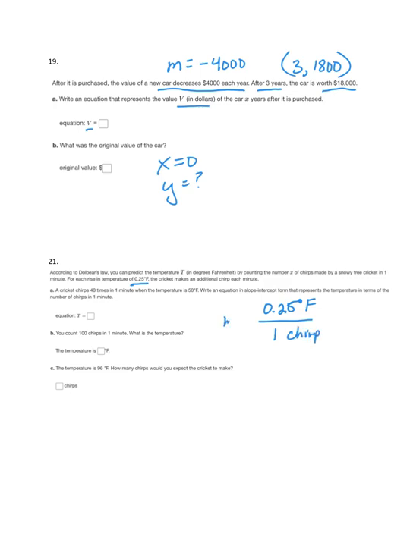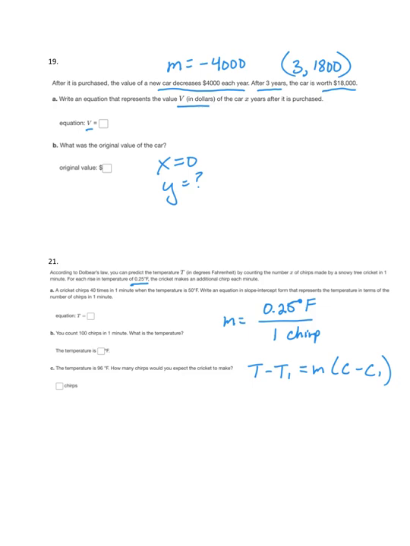Okay, so that's our slope, and that's telling us that our y-axis is temperature and our x-axis is chirps. So we could really think of this as T minus T1, temperature minus temperature 1, equals M times chirps minus chirps 1. And we're going to use our slope, which is 0.25.